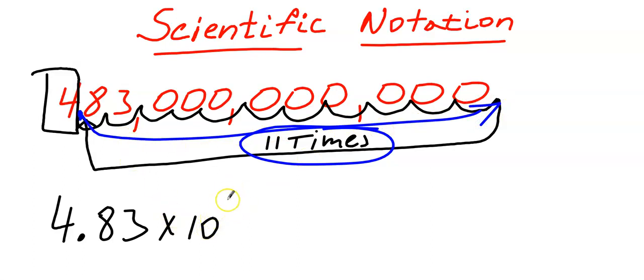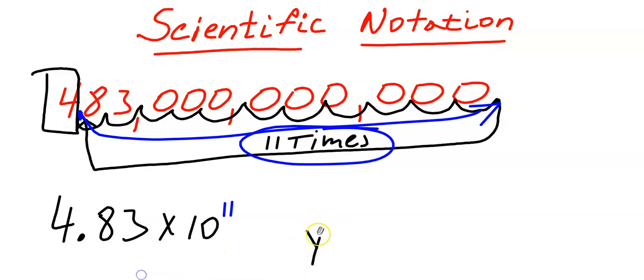You have to multiply by 10 11 times. So the amount of spaces you moved is your exponent, and you're always multiplying it by 10. The first digit has to be a non-zero digit. So this has to be non-zero, which is okay.